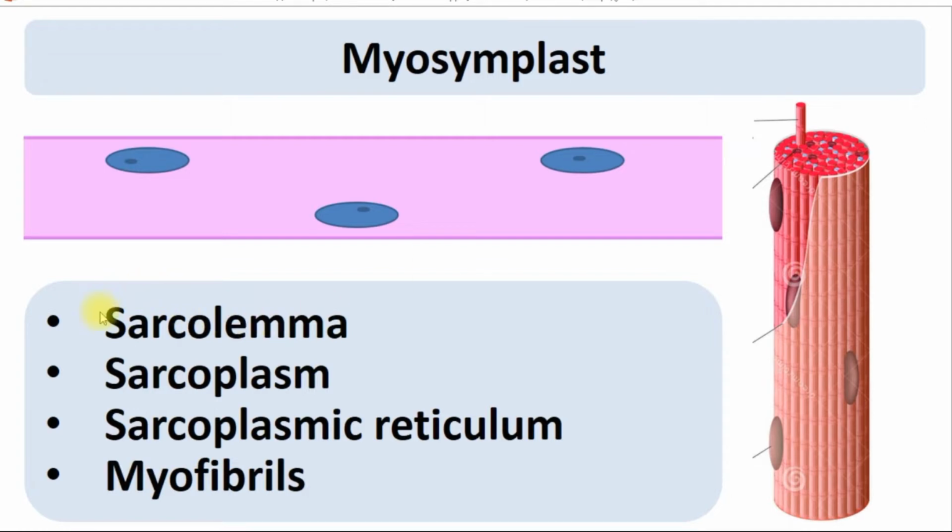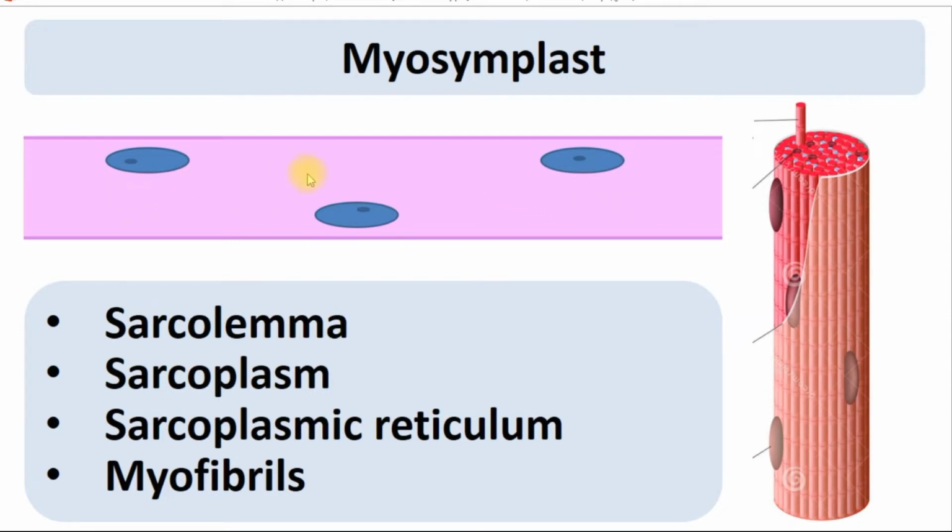Here we can see terms beginning with sarco. Sarco means meat, and everything beginning with sarco has relation to muscles. So the cell membrane of myosymplast, the plasmolemma, is called sarcolemma.